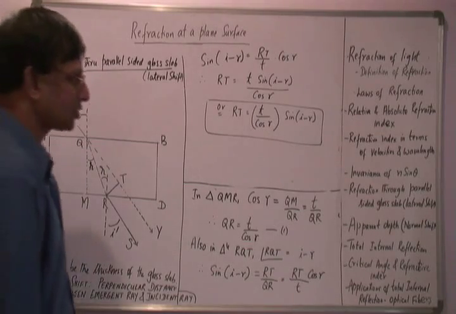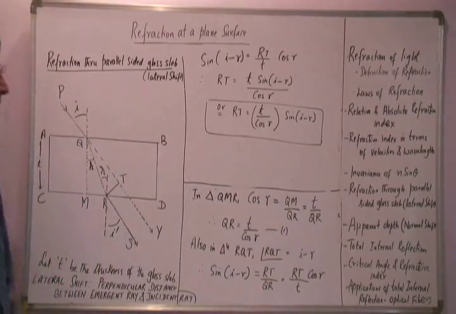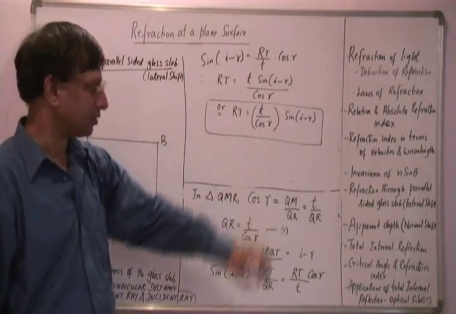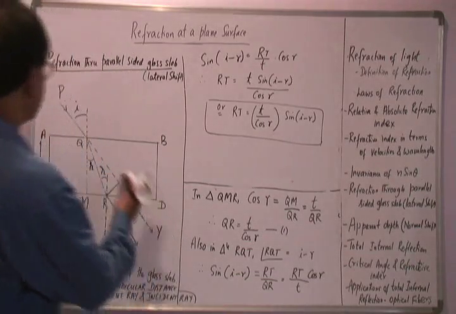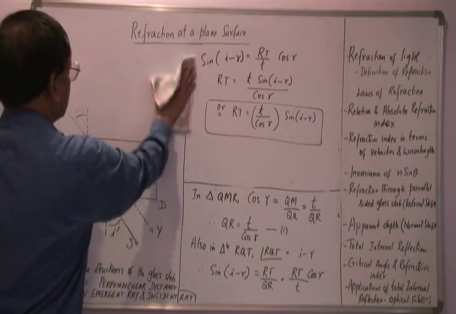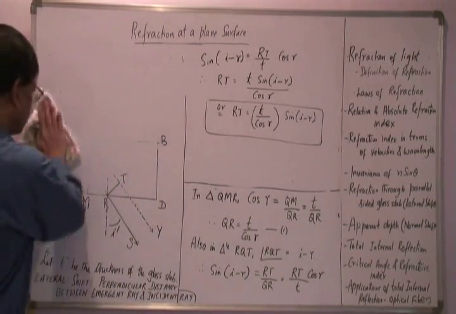I hope this aspect is clear. So RT is equal to T divided by cos r into sin(i − r). Let us now move on to the next topic, that is normal shift.